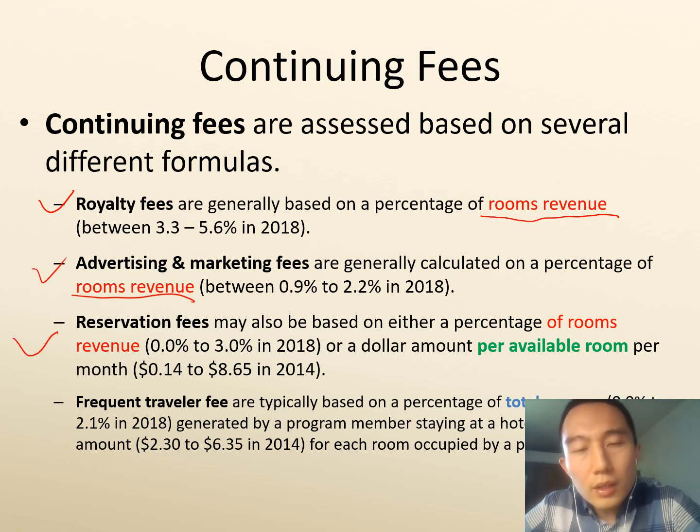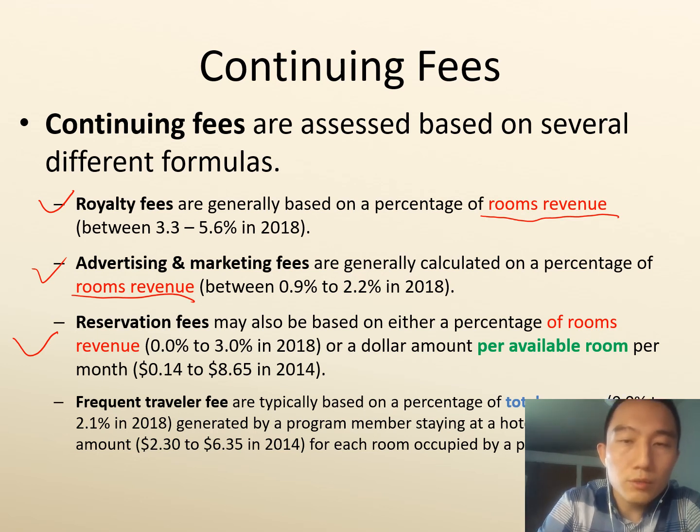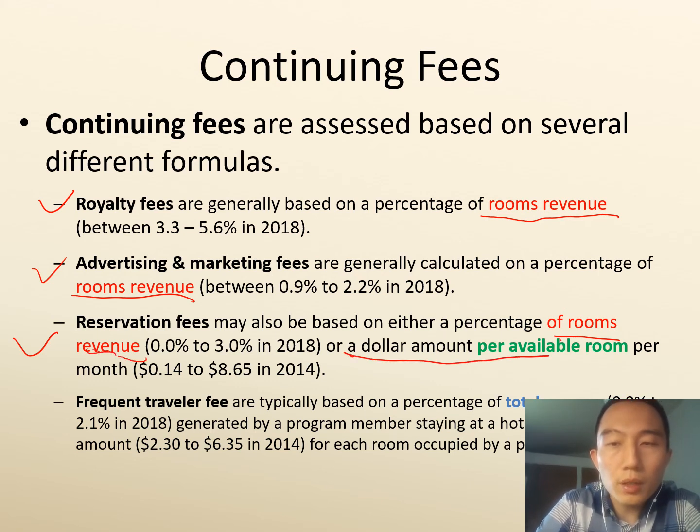When you're calculating the reservation fee, depending on the contract, the reservation fee is calculated using either a percentage of rooms revenue or a fixed dollar amount per available room.